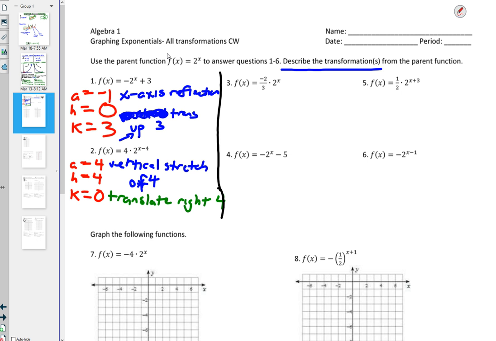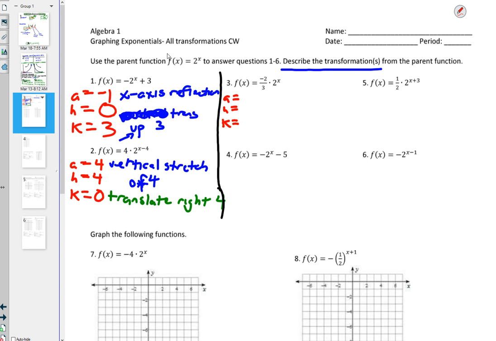Marvin, you do the next one for me. It's a little trickier. It's going to require the use of all of your senses. What's A here? No. I'm going to pass it off to Nakai.